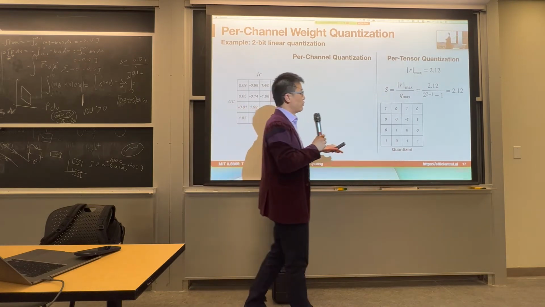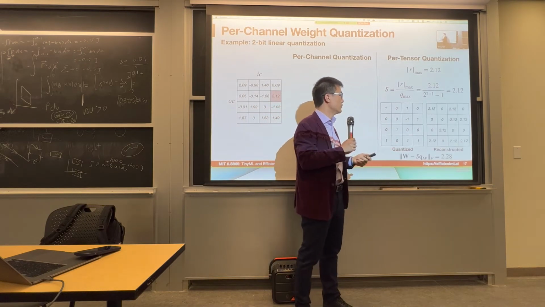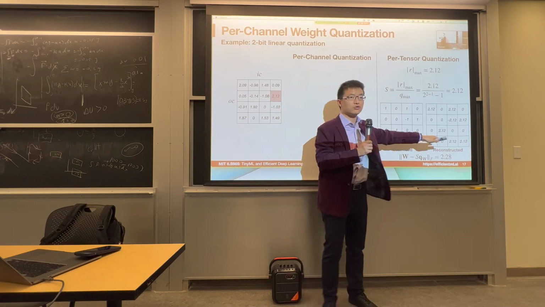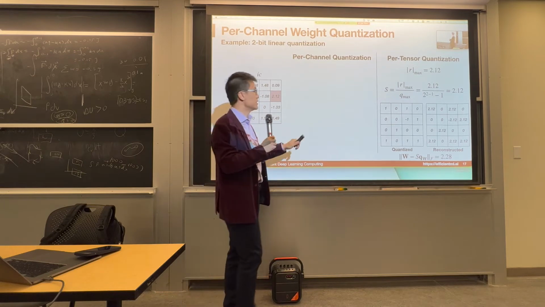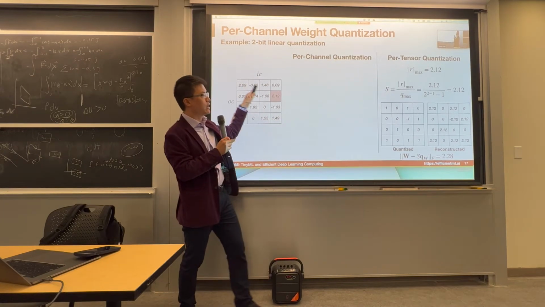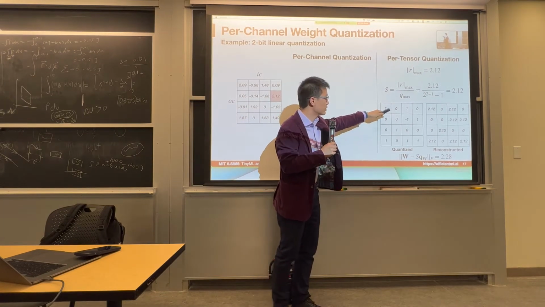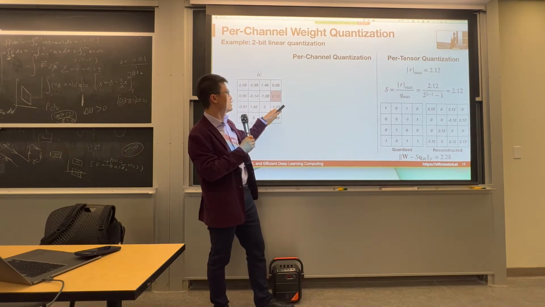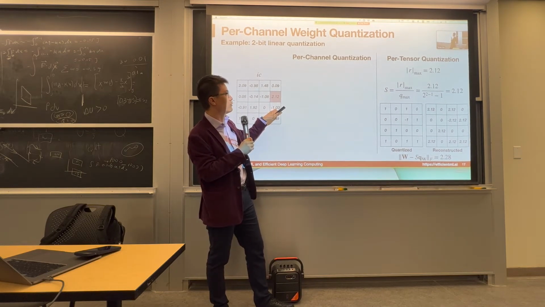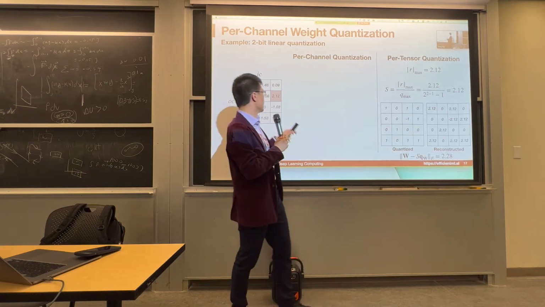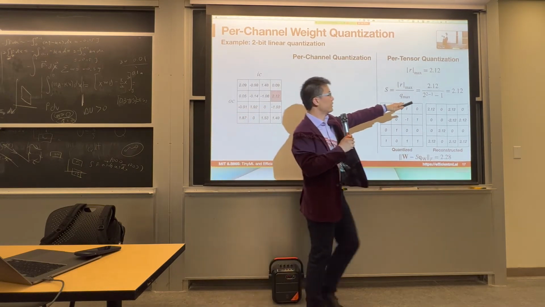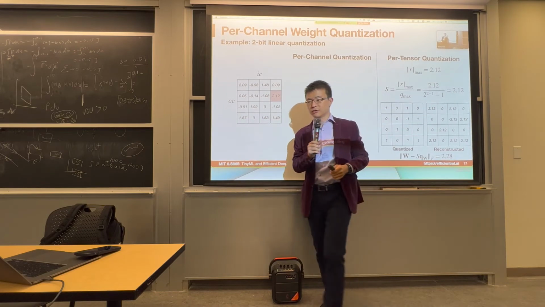And then we quantize the matrix according to their values, and this is the reconstructed number. As you can see, this 2.09 is quantized to 1, and this -1.03 is quantized to 0, because this number divided by the scaling factor is actually closer to 0.